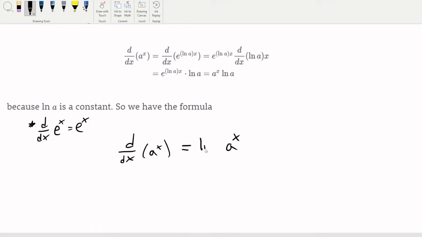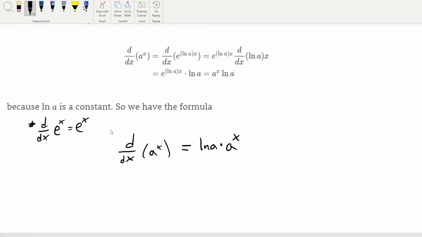But then natural log of a is multiplied in front here. Of course, if you're looking at this formula, a can't be anything. We have to make sure that the natural log of a is defined, which means you can't have 0 or a negative number for a. But besides that, all other a's you could think of, we can do this.